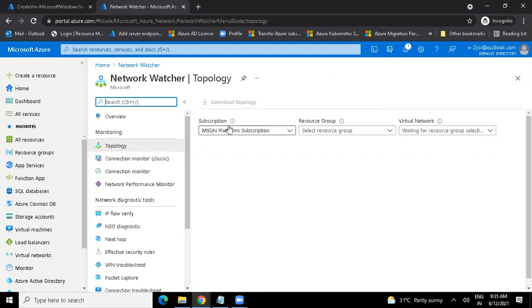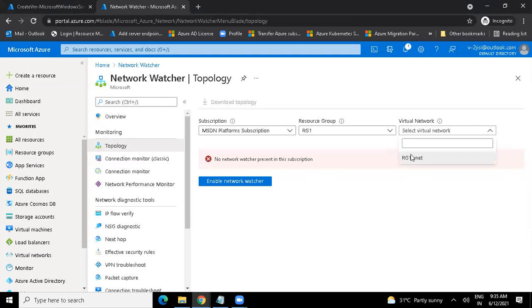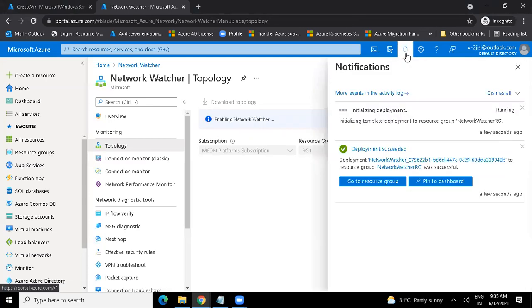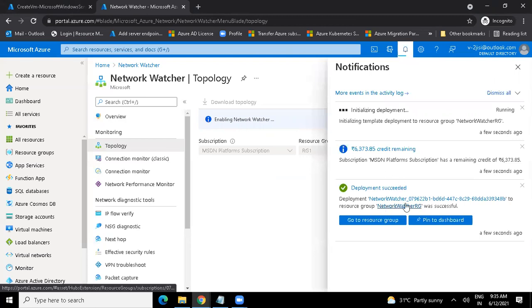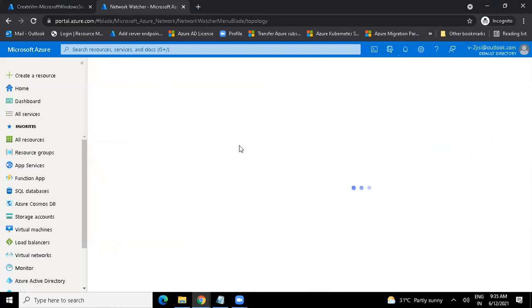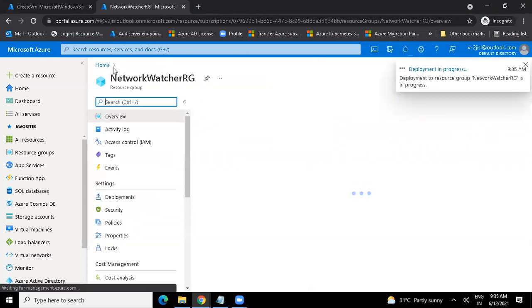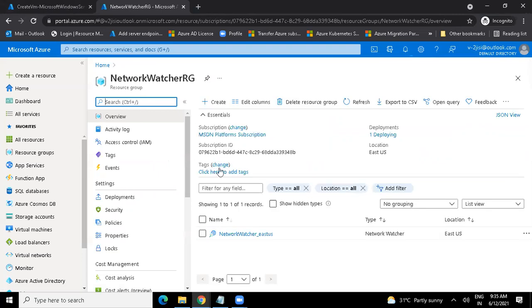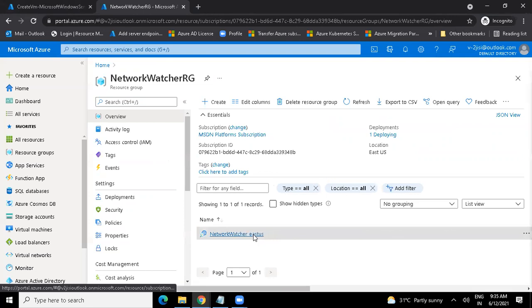Okay. So this is the topology. Let's try to see RG1. Network Watcher is enabled. So we can go to this Network Watcher RG. From here we can click on Network Watcher.